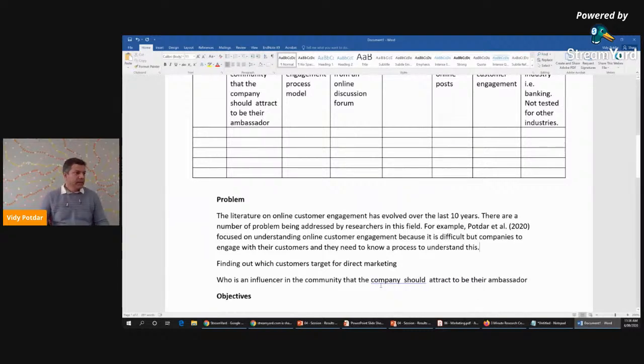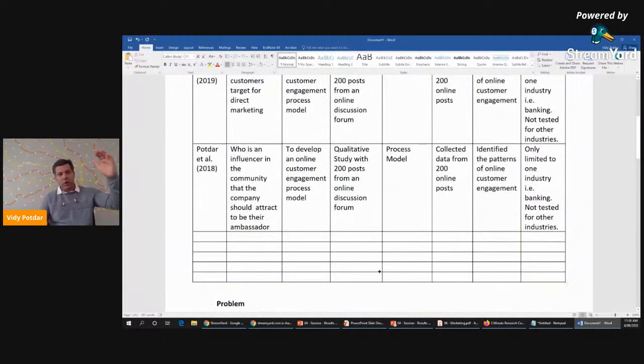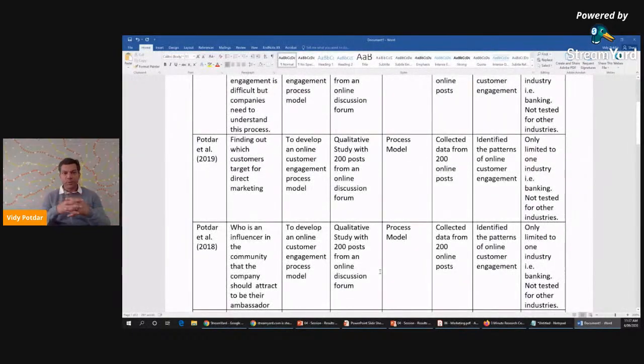Now, if I have a lot of these problem statements in my table, I would need to group some problems together.